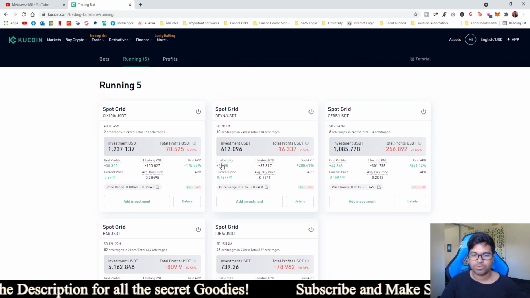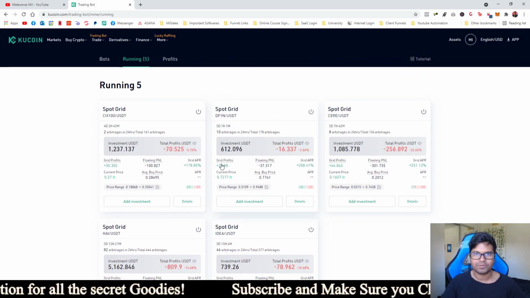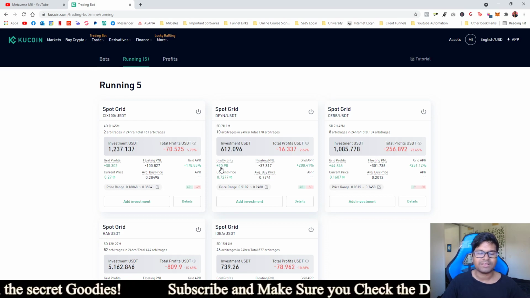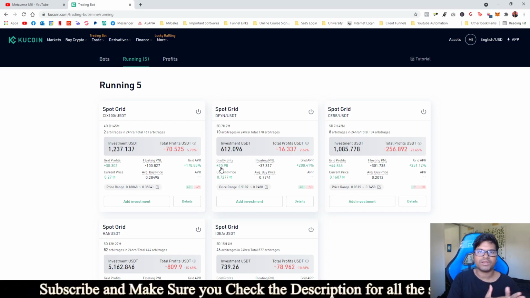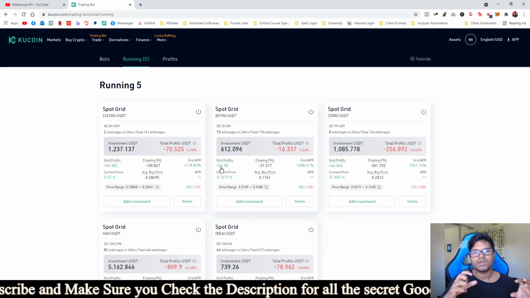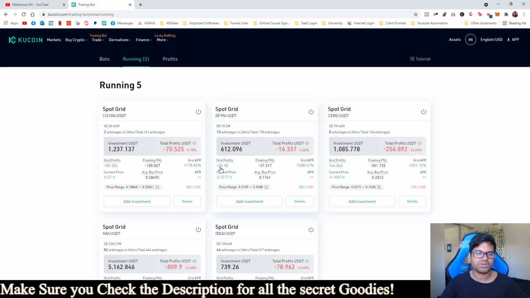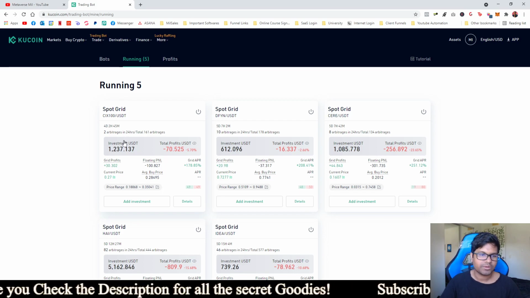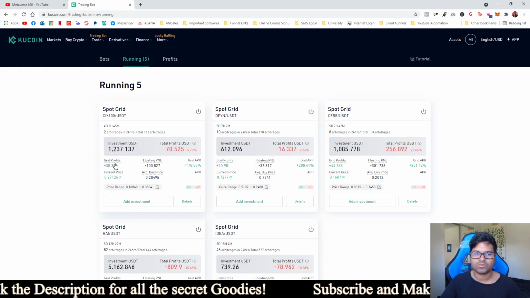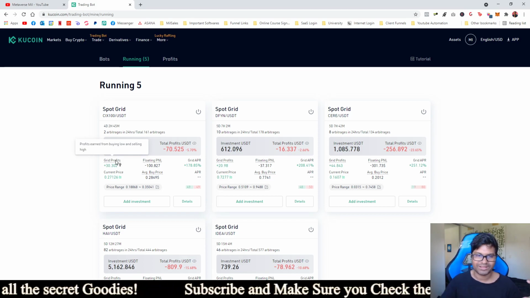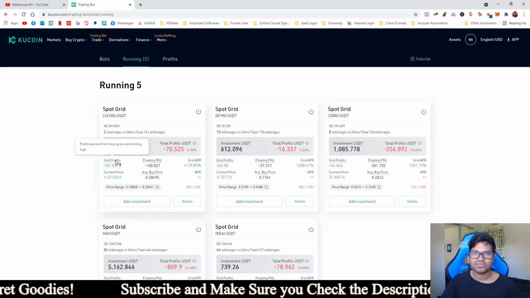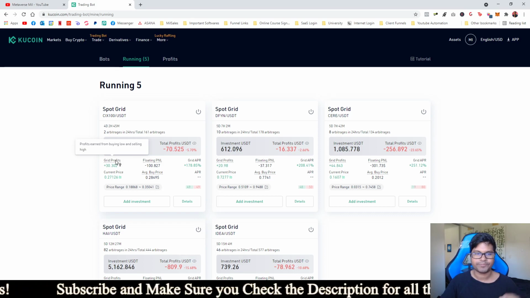That's how much you have actually made from buying low and selling high. This does not account for increases in price. So if the price of a coin increases, you will generally have more profit, but that amount is not included in here. This number is usually low because of that.